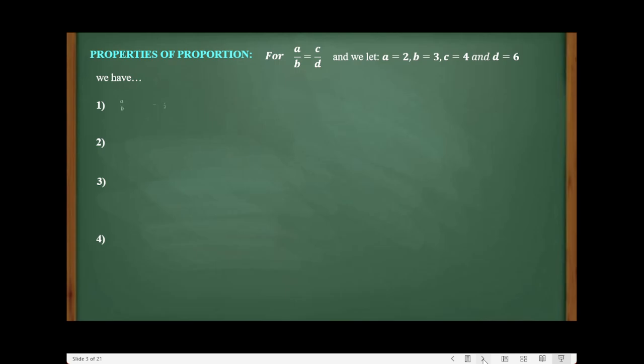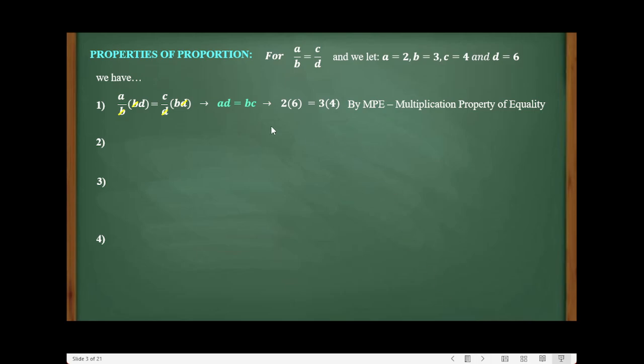So now, if we have A over B equals C over D, by the multiplication property of equality, meaning we multiply both sides of the equation by the same quantity, particularly BD, what will happen to the equation? Equation number 1 becomes AD equals BC.